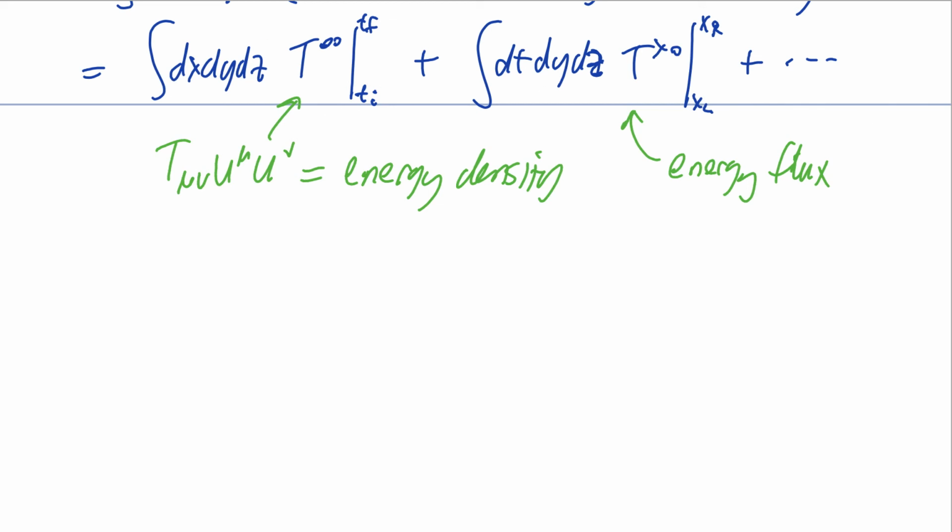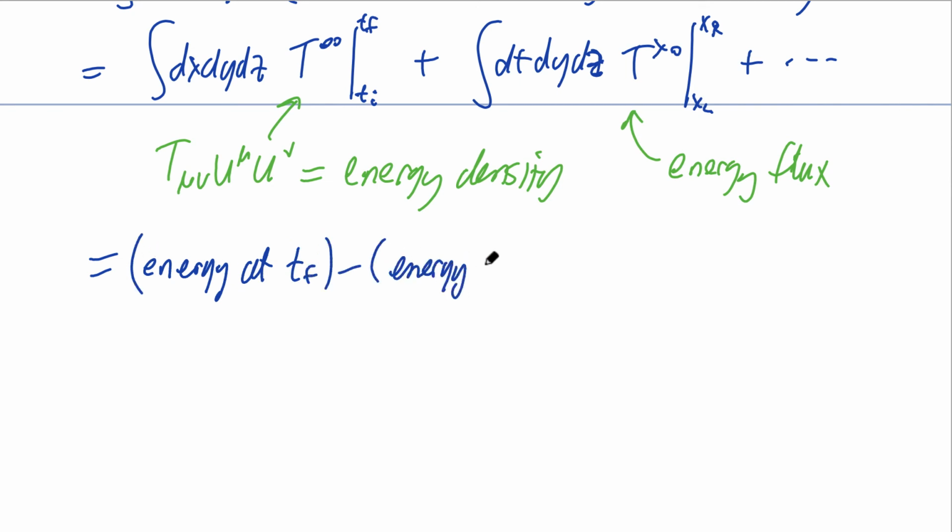So what we have here is energy density integrated over a spatial volume, dx dy dz. This is the total energy at the final time, t_f, minus the total energy at the initial time, t_i.